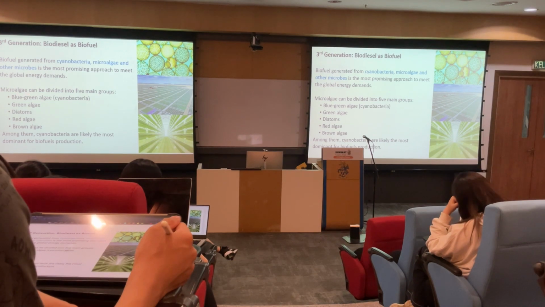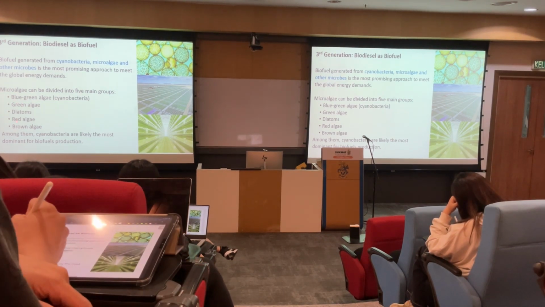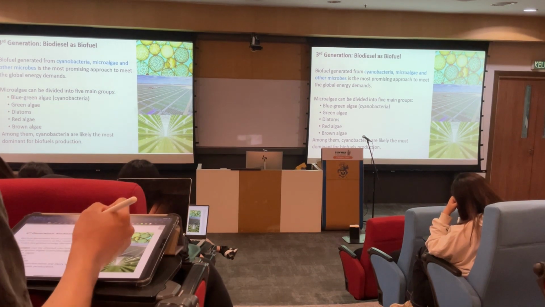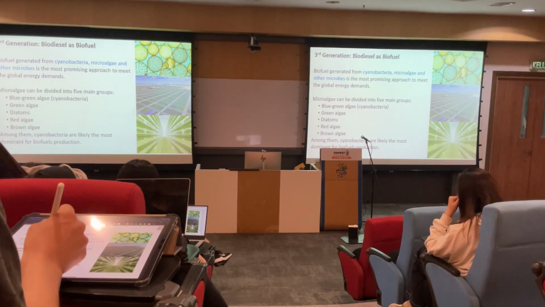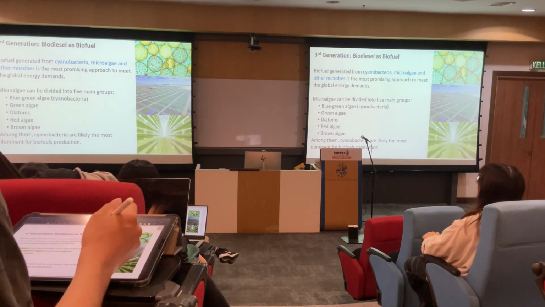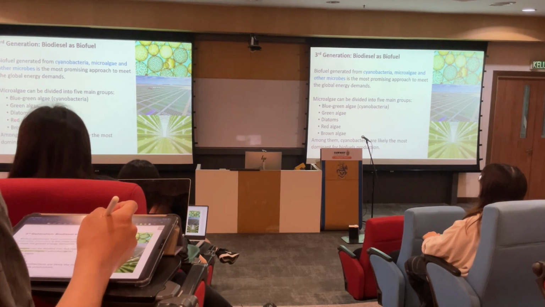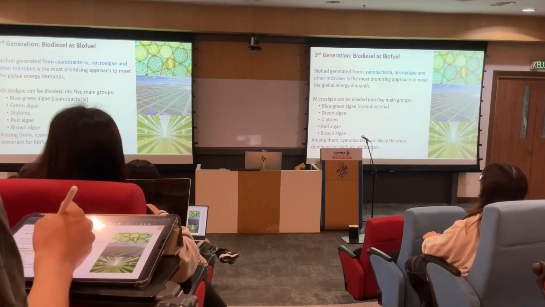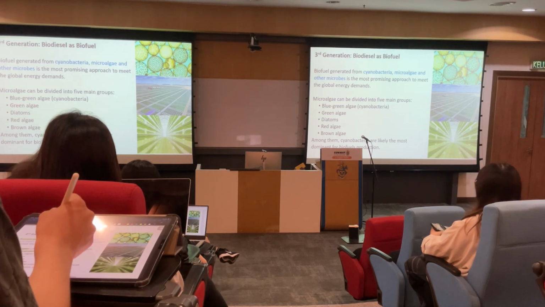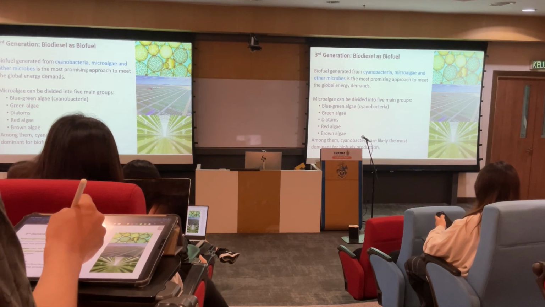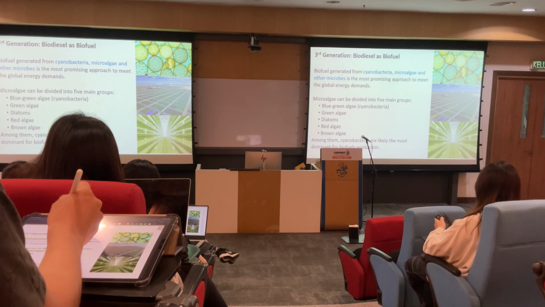Microalgae include this group: blue-green algae, which is cyanobacteria, green algae, dinoflagellates, red algae, and brown algae. Red and brown algae can be very big. Green algae can be small, in the micrometer range. And of course, the blue-green algae, cyanobacteria, are also very small.